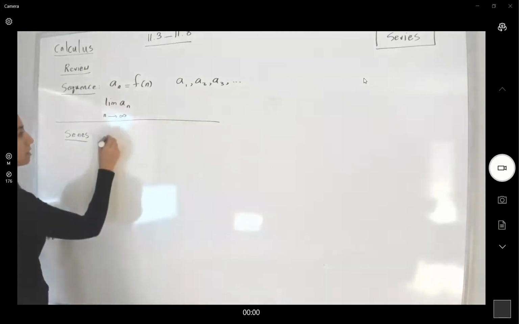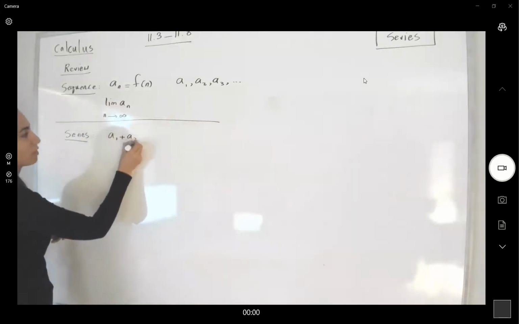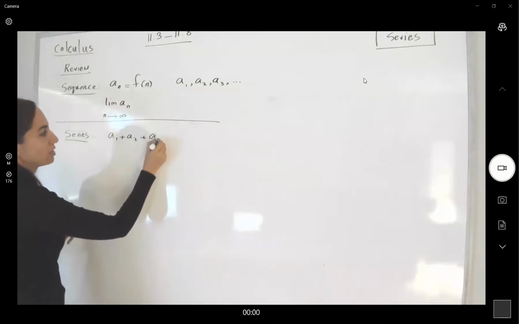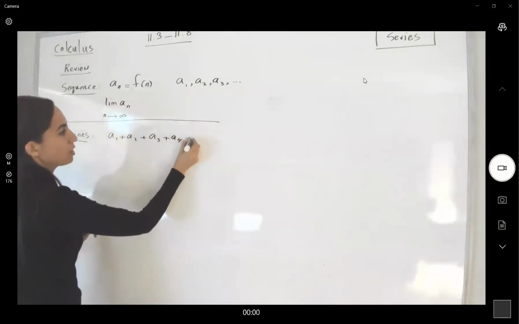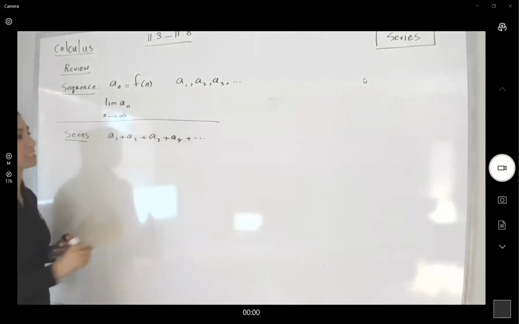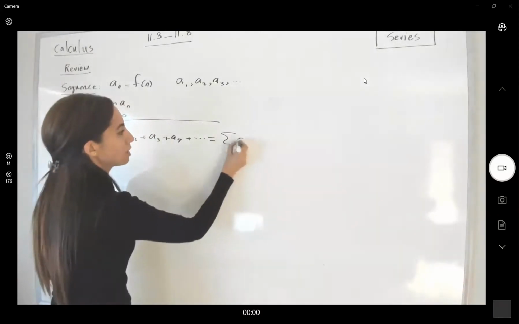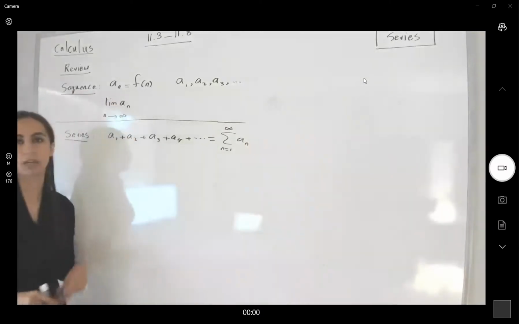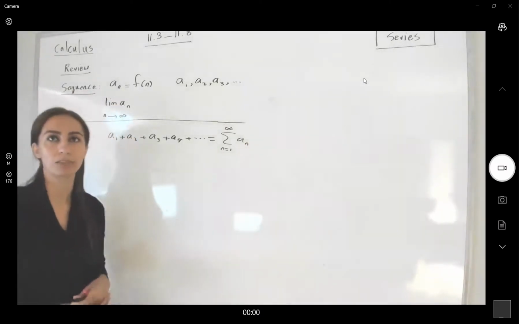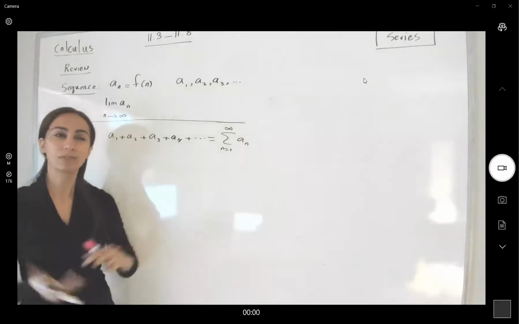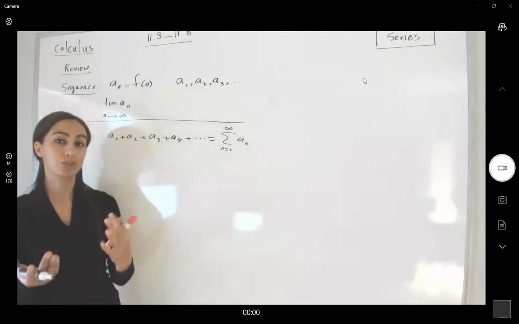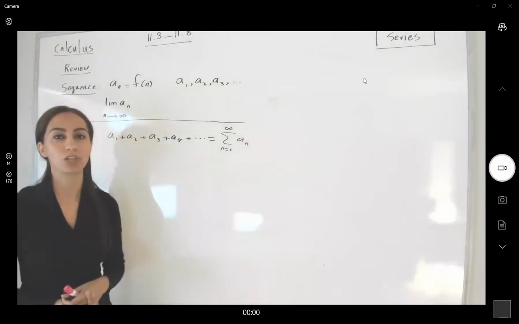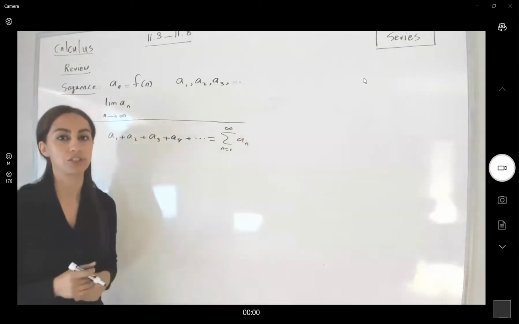By taking the terms of the previous function, a sub 3, a sub 4, we create a series, the sum from n equals 1 to infinity. Now that we created a new object, we're interested in something that helps us check whether it is convergent or divergent.